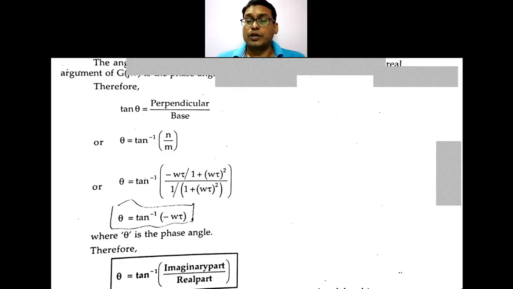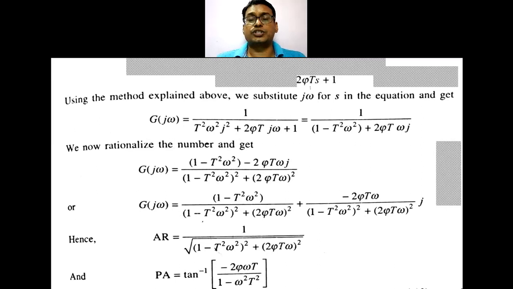It requires an understanding of the amplitude ratio and the phase angle, and that is why in the first part we are primarily considering how to calculate the amplitude ratio and the phase angle for different systems.